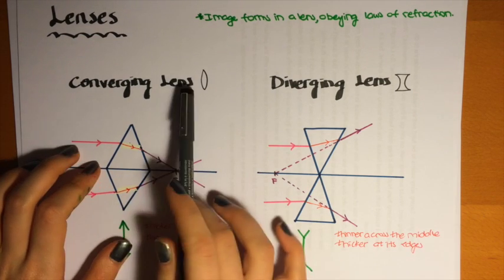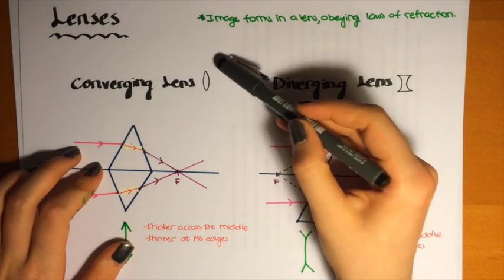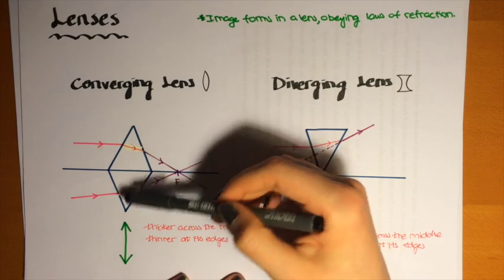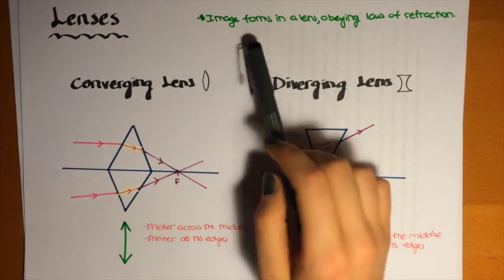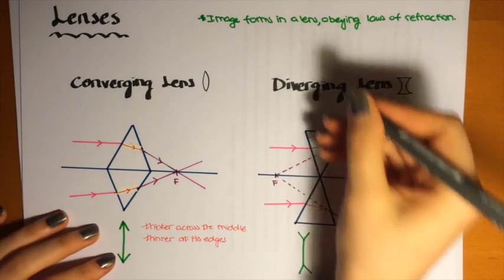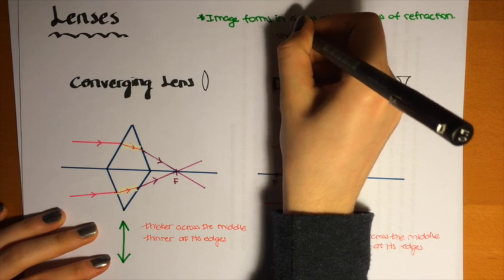So when I think of a converging lens, its actual shape is something like this, but I can show it with two prisms. And an image forms in a lens obeying laws of refraction. What was the law of refraction? It's also called Snell's law.